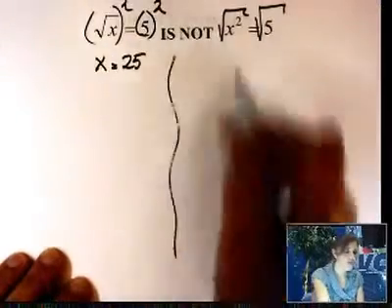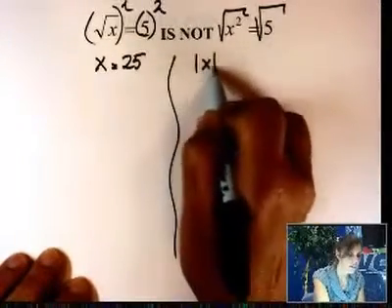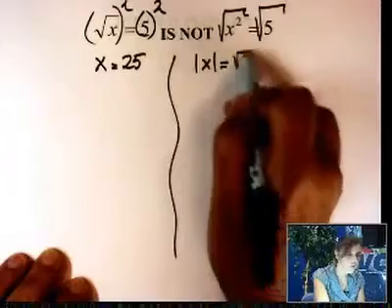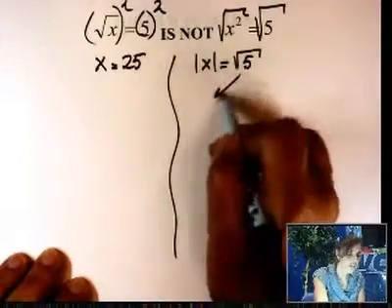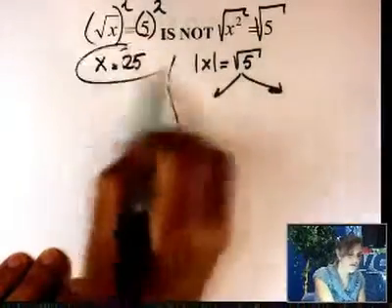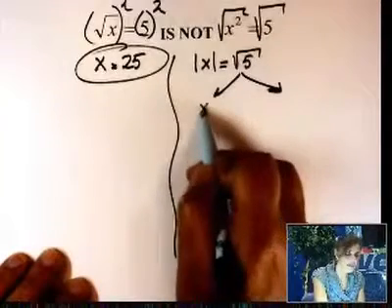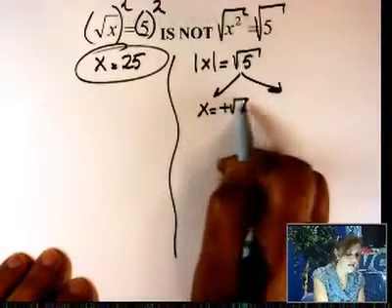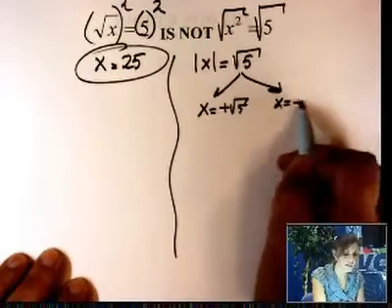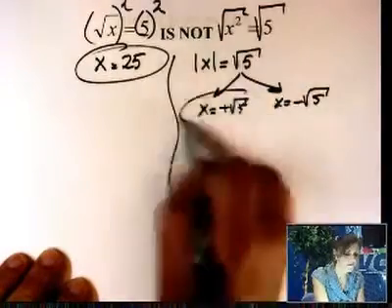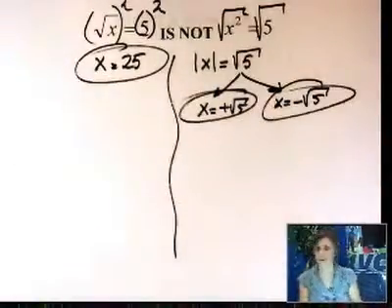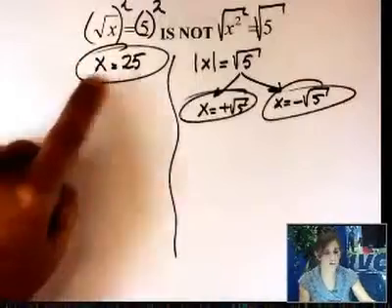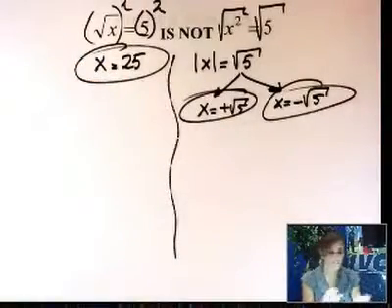From here, you're going to get the absolute value of x, and from here, you're going to get radical 5. And from here, you're going to end up with x equals positive radical 5 and x equals negative radical 5. Know the difference. Here you got one answer, here you got 2. All right, don't mix them up.